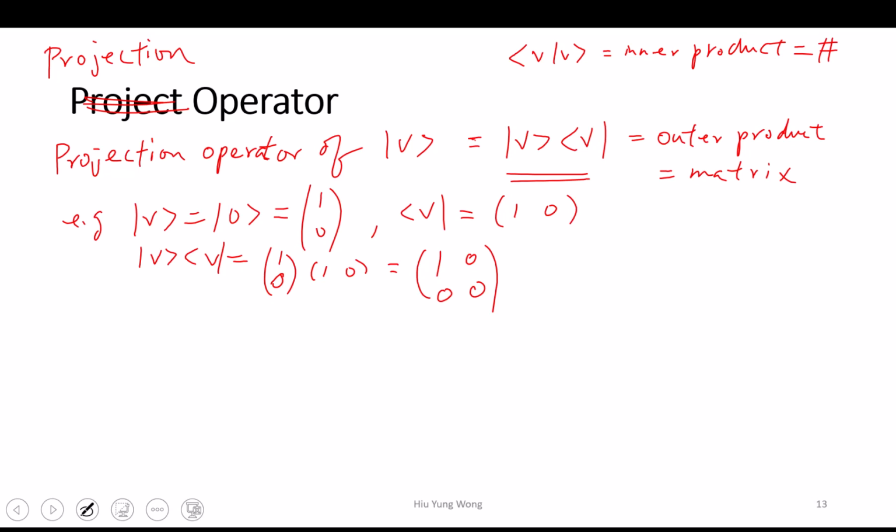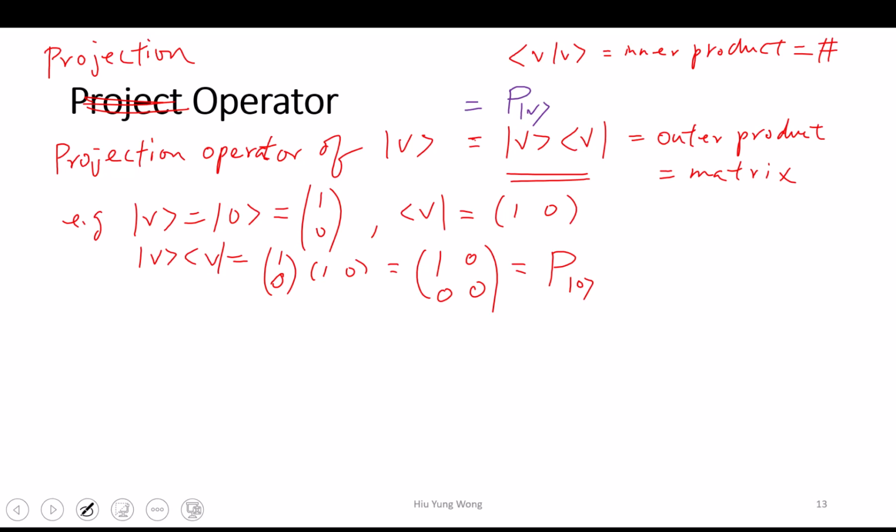So this is the projection operator. We will call it P of 0, right? Here I forgot to write it. I will call this the projection operator of V. It means the projection operator corresponding to V. Okay, so this is the definition, right? Not difficult. Just memorize, I have the projection operator, which is the outer product. Fine, nothing special.